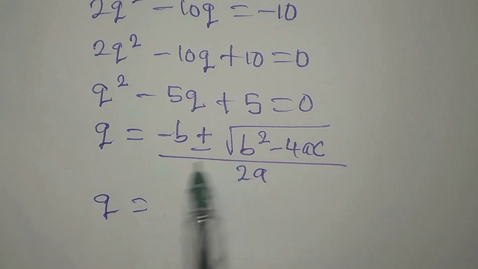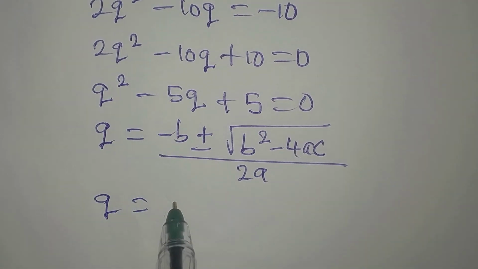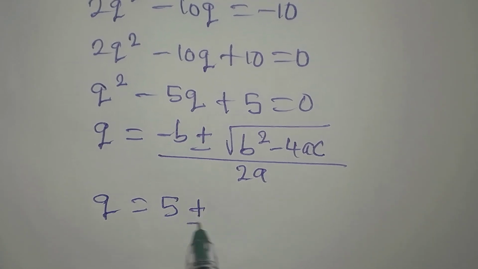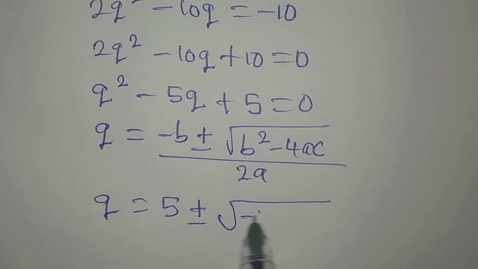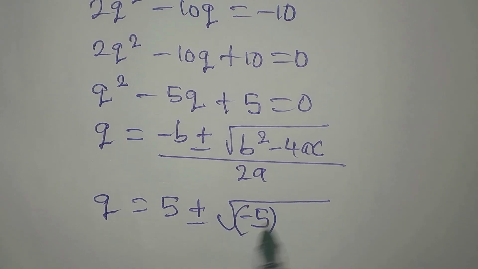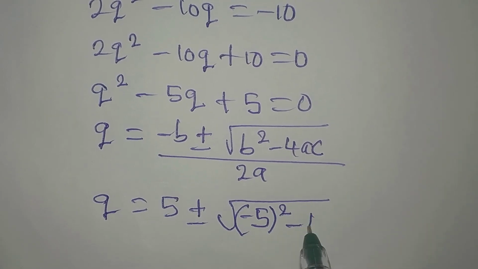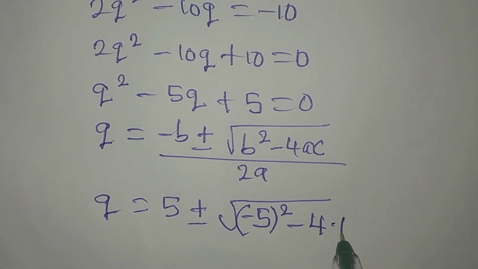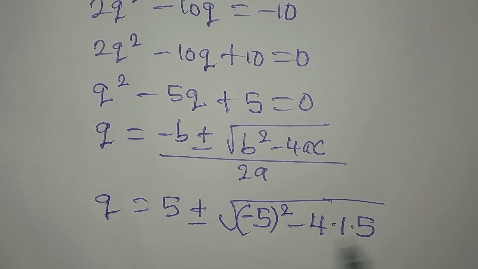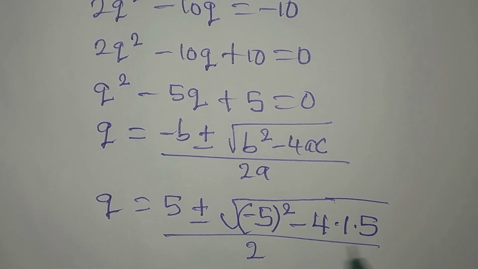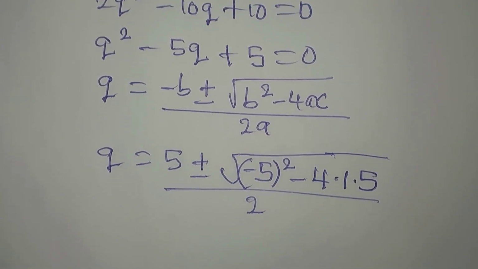So we're going to have negative canceling each other. So we have 5 ± B² becomes (-5)² minus 4 times A is 1 times 5, because our C is 5. Then we divide all of this by 2 times 1, and that is still 2.